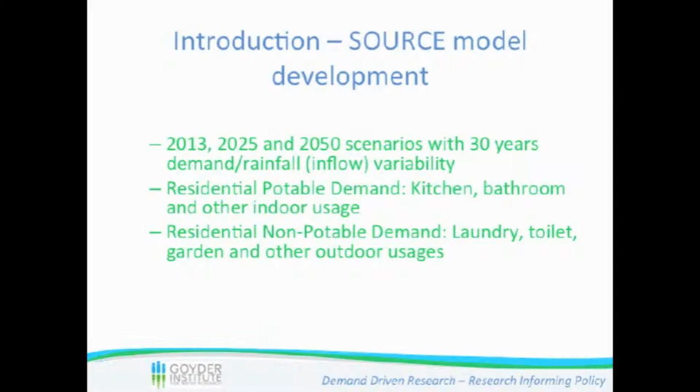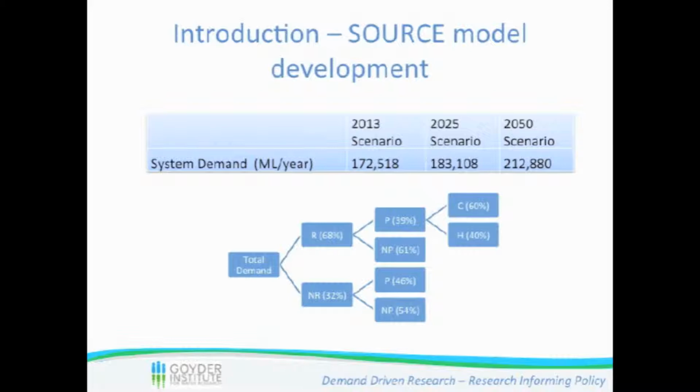All of the demand was broken into residential and non-residential, and then both of those were broken into potable and non-potable. So for the potable residential, we're looking at the kitchen, the bathroom and other indoor usage, and the non-potable we included laundry, toilet flushing and garden and outdoor uses. So here you can see a projection of the demands for 2013 up to 2050.